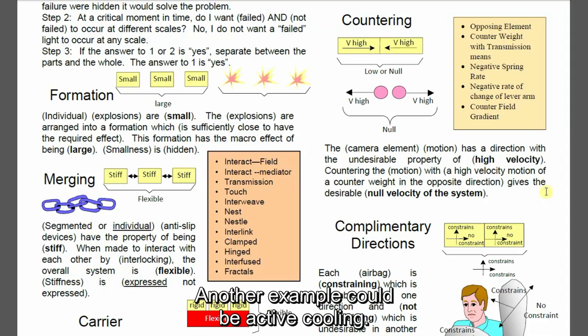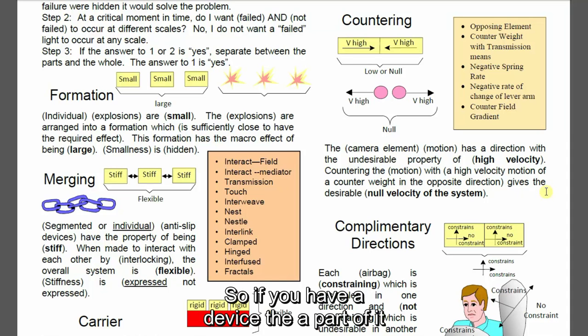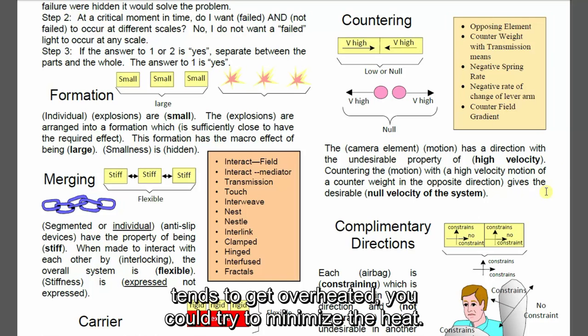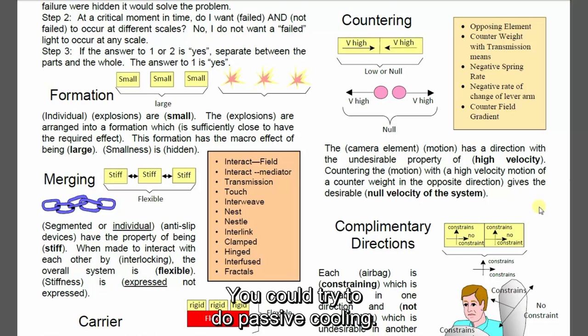Another example could be active cooling. So if you have a device that a part of it tends to get overheated, you could try to minimize the heat. You could try to do passive cooling.